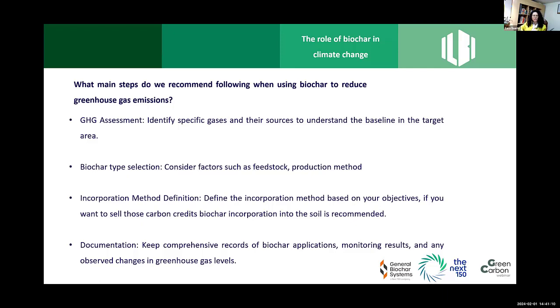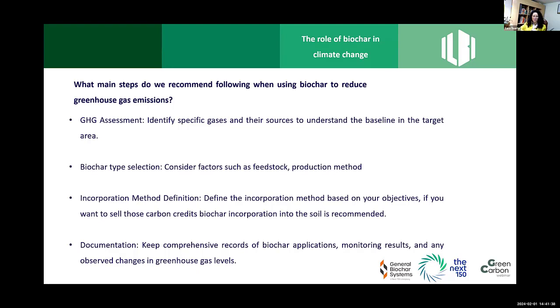Consider that the incorporation method is really important. The methodologies also recommend that this biochar must be integrated into the soil. Also, keep your documentation. It's really important to comprehensively keep some records, and also monitor your results in order to make some adjustments in the future.